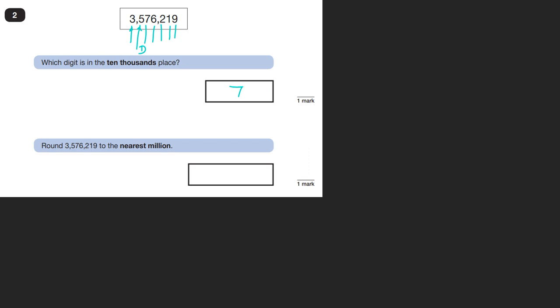If it is 5 or more than 5, it will give 1 to the number. So that 3 becomes 4 million. So 4 with 6 zeros, 4,000,000. If anything is equal to 5 or more, round up, and if anything is less than 5, you don't need to add 1, so you can leave it as 3 million. So the answer for this question is 4 million.